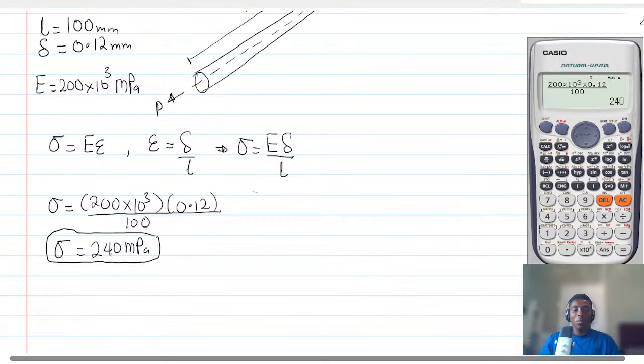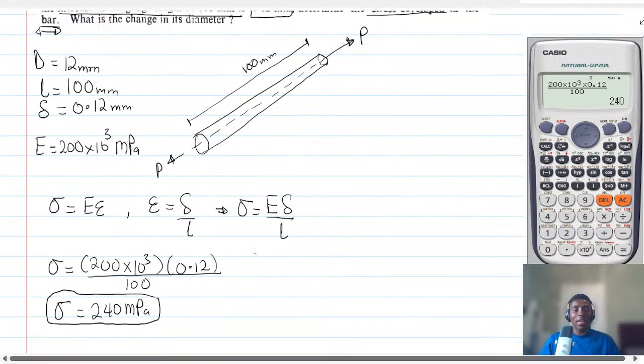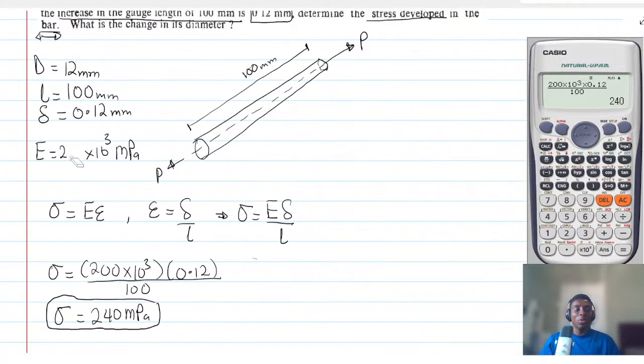Sorry, I think the Young's modulus for brass is 102. The 200 is for, I think, aluminum. I'm sorry. It's supposed to be 102. For brass, it's around 100 or 102.